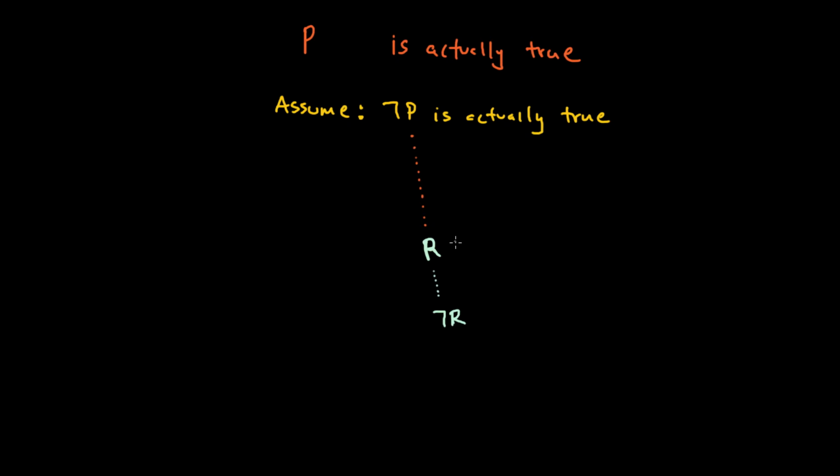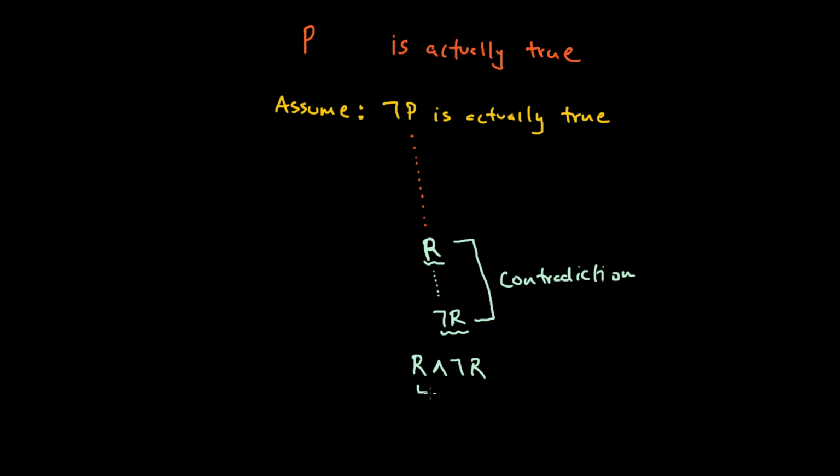The moment I get a contradiction, which says that R should be true and not R should be true, well, you cannot have R and not R both being true at the same time.